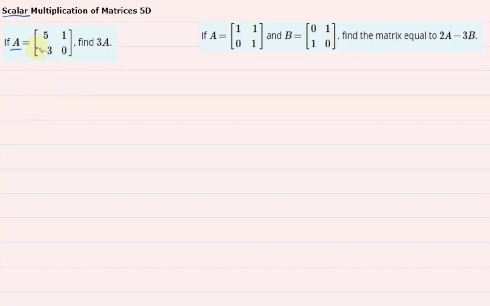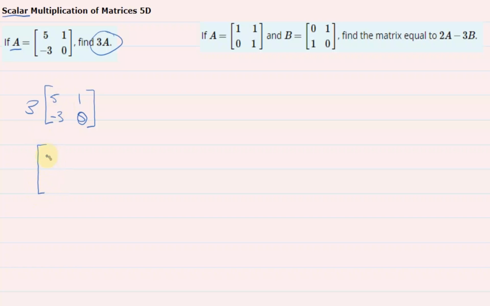If we look at this first example, we're doing 3A, or 3 times A, and A is this matrix here, 2 by 2, and all we do is multiply everything inside the matrix by 3. So 3 times everything in there.